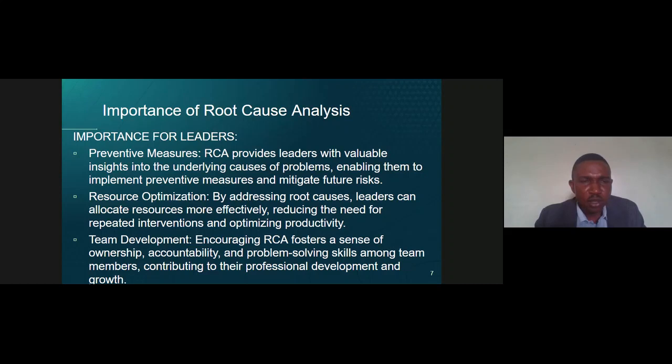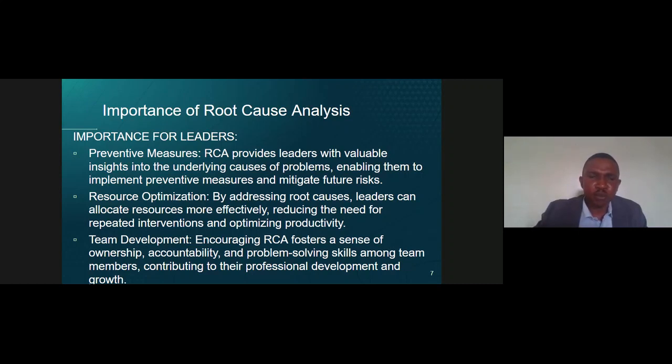Another importance of root cause analysis for leaders and management is resource optimization. When I mean resource optimization, it reduces the costs of what? Operating the equipment, a great benefit to the organization overall. So management will be able to know, okay, this is where we are going to allocate resources.